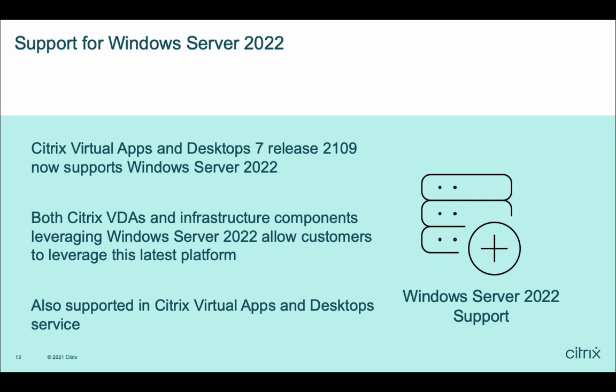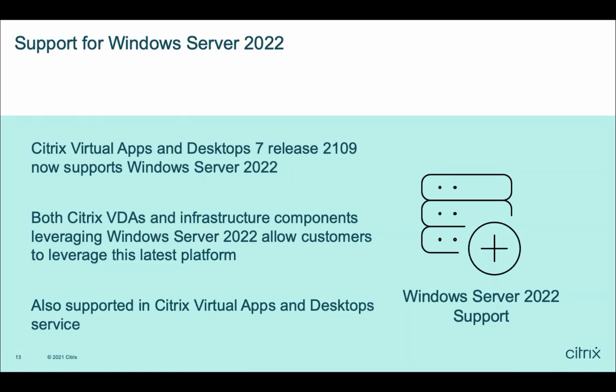This new server release gives admins the flexibility to host their infrastructure where it works best for their business. And while we know that most IT admins aren't looking to immediately implement Windows Server 2022, you want to start testing, you have your own plan. We want to let you know that Citrix gives you that certainty that when you're ready to test and implement Windows Server 2022, your environment is already ready to go.